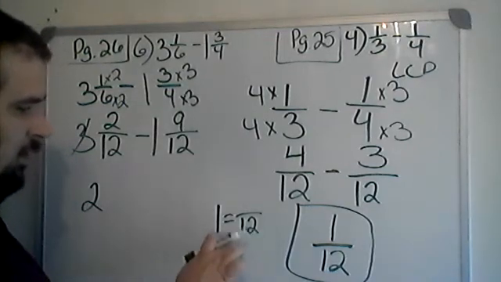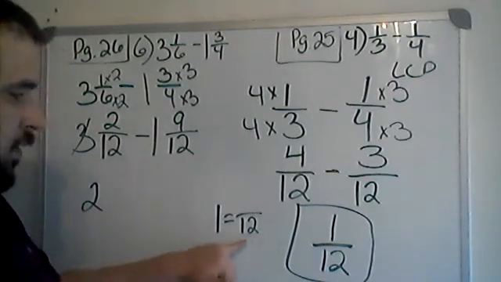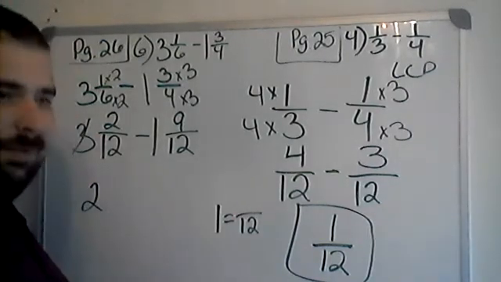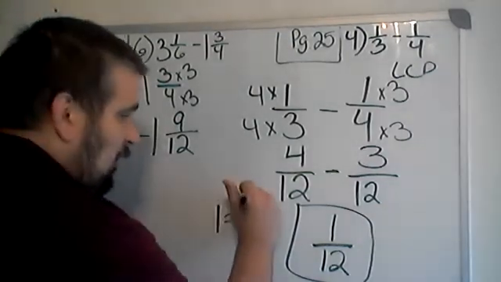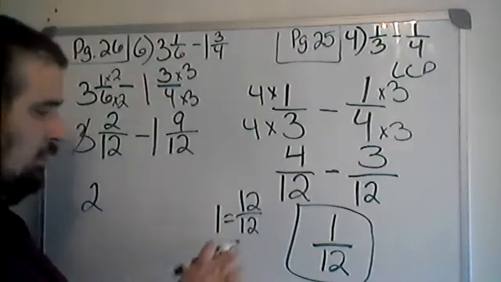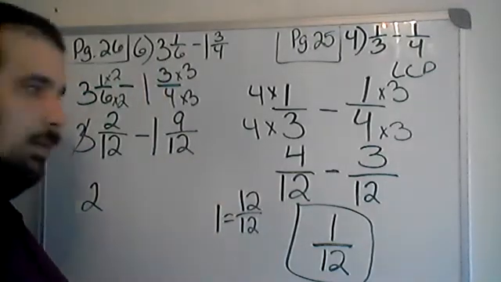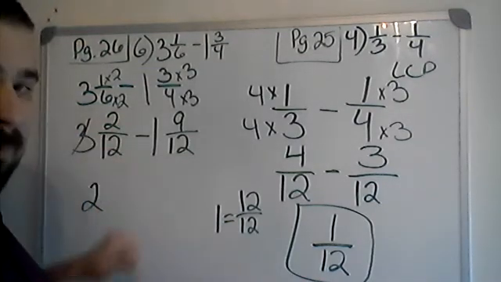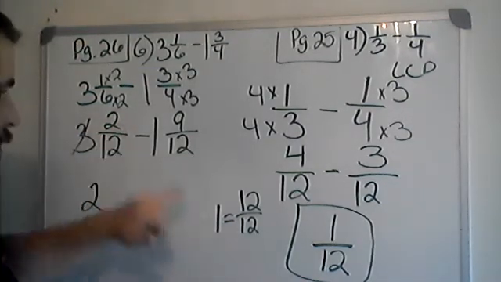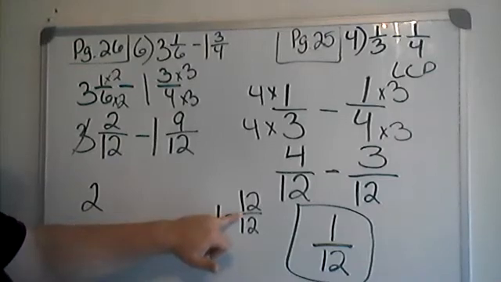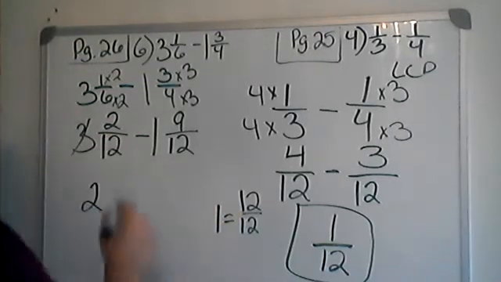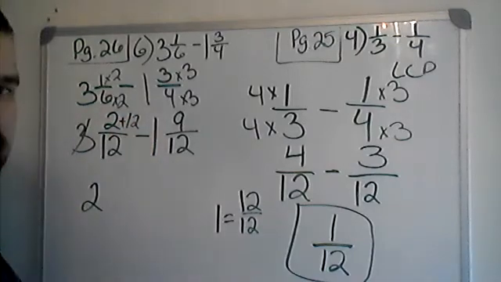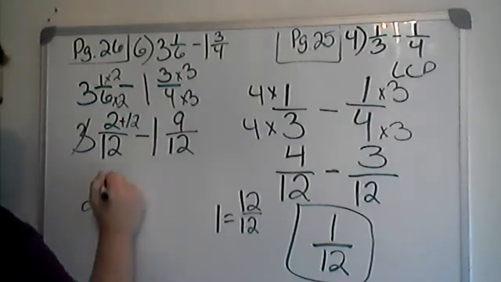If I needed a full pizza, and a full pizza came in 12 slices, I have to have 12 slices to make that full pizza. So I'm adding that 1 over to my fraction as 12 twelfths. So I need to add 2 plus 12, and that's going to give me 14.